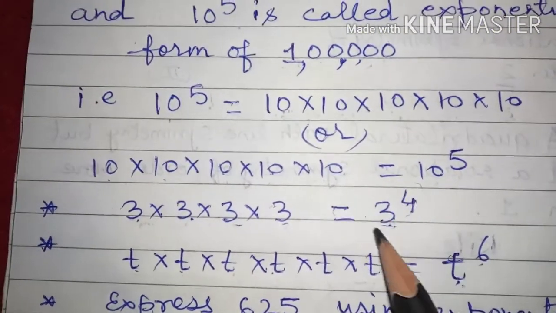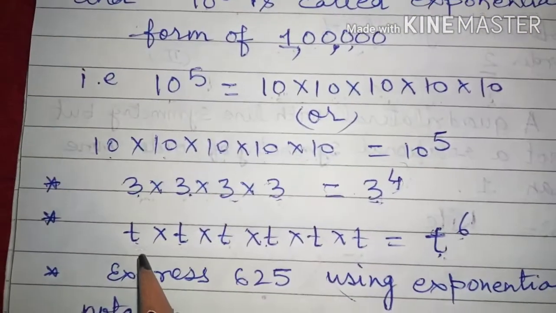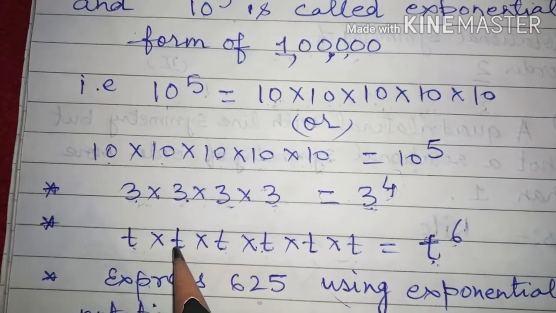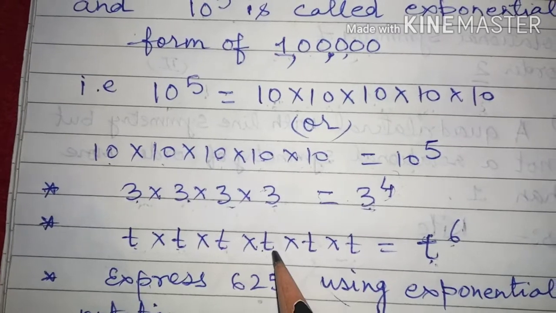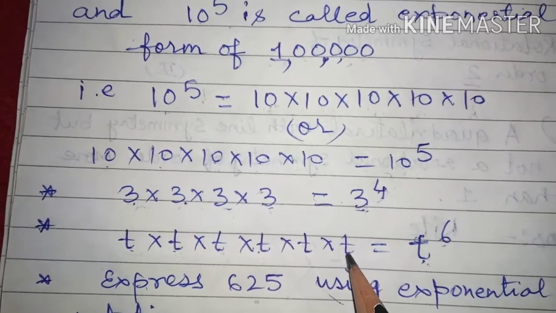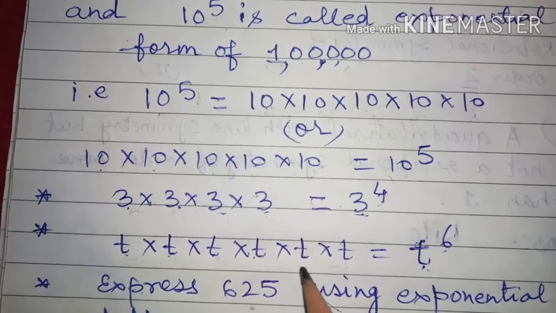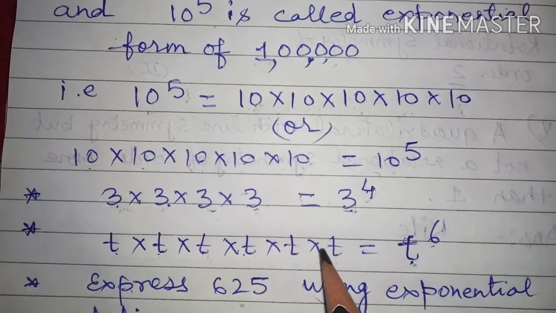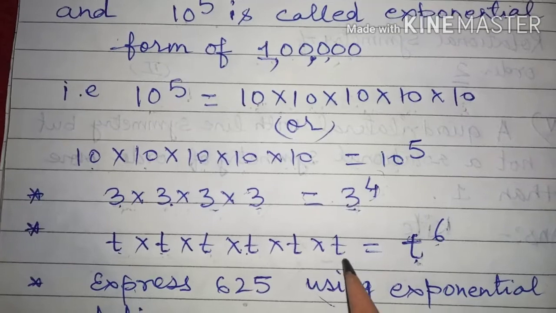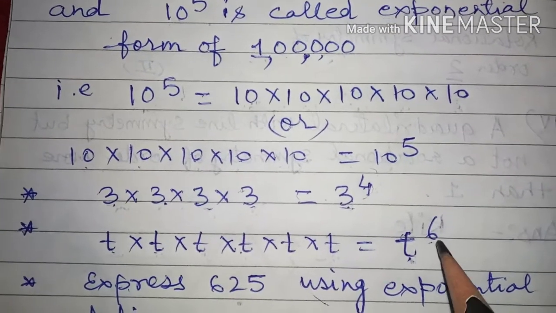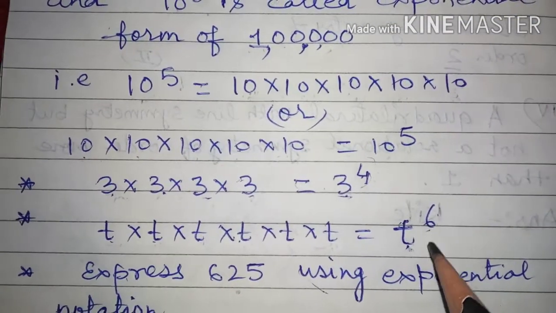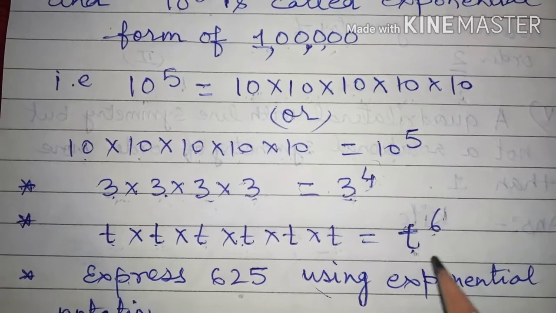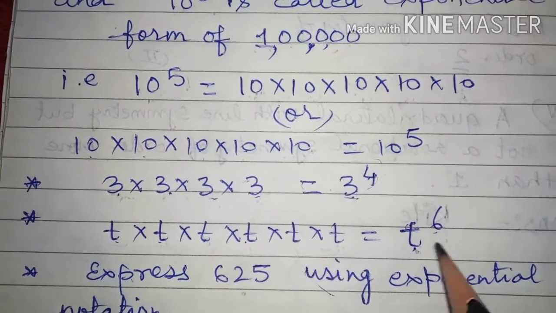It is the exponential form. Now T into T into T into T into T into T. So this T will be considered the base here, and since this T is multiplied 6 times, its exponent will be 6. So T power 6 is called the exponential form of this.